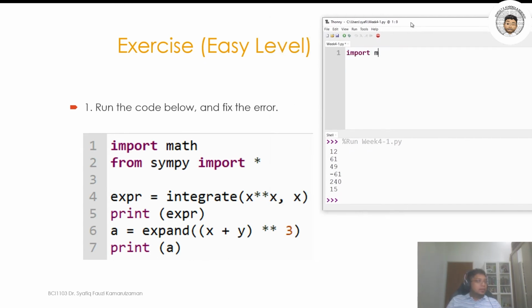Okay, import math from SymPy. Actually, it has been a while since I coded using packages in Python, so I eventually mistake some of the commands. It's not that I cannot do it. If you spend a lot of time with other things, you get confused.